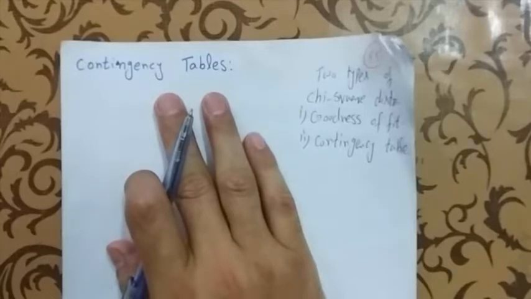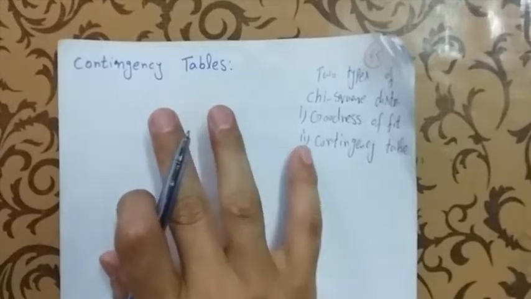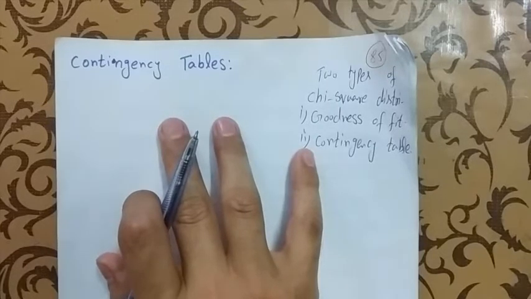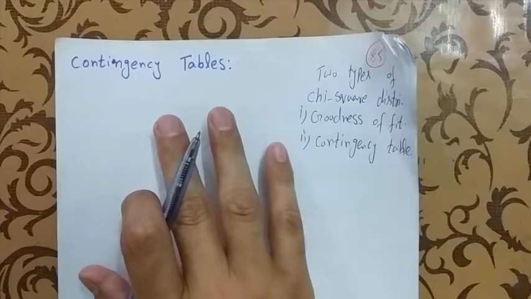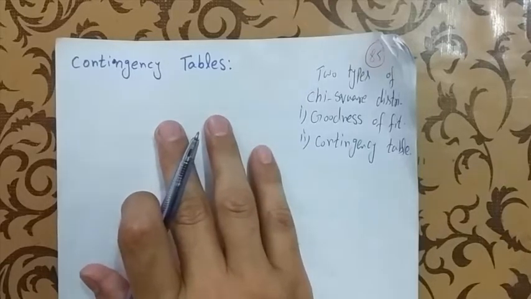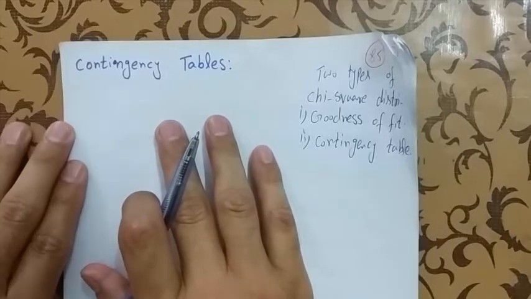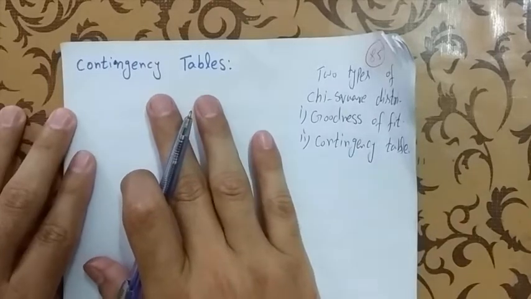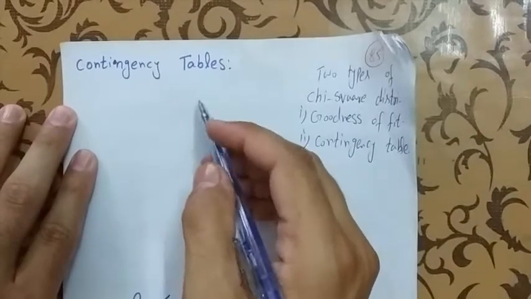Those problems we mostly discuss in contingency table, but also the table format problems in the goodness of fit test. Here we discuss first the contingency table.